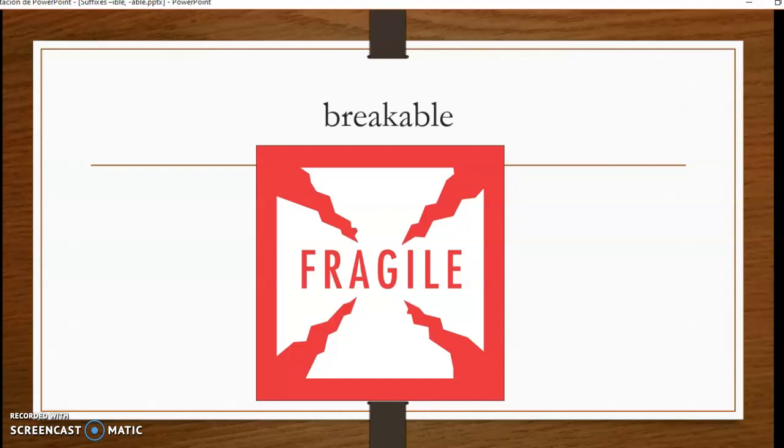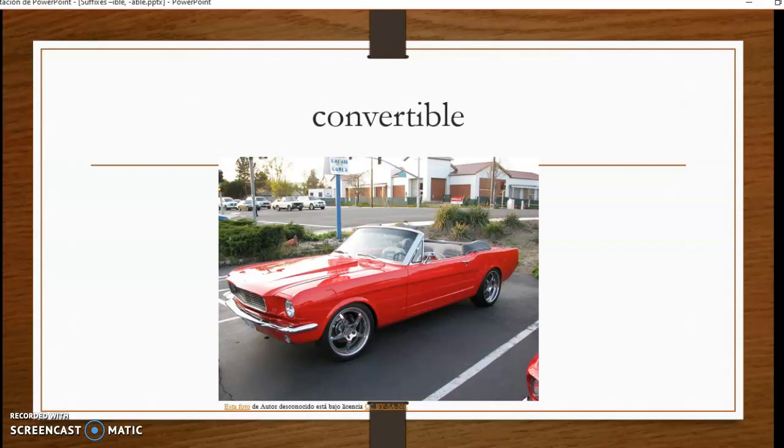Here we have the word fragile, something that is easy to break. Breakable, like a glass or a crystal. They're very fragile and easy to break. Convertible. This is a word that refers to a car that has a roof that can be removed.